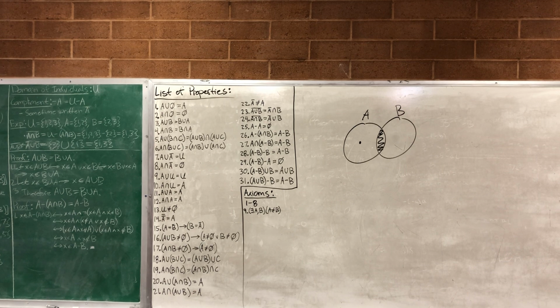Make sense? Now, if x is in A minus (A intersect B), what does that mean? It means x is in this and x is not in this. Right? So, x is in A and not, oh, I kind of did two in one go. Sorry.